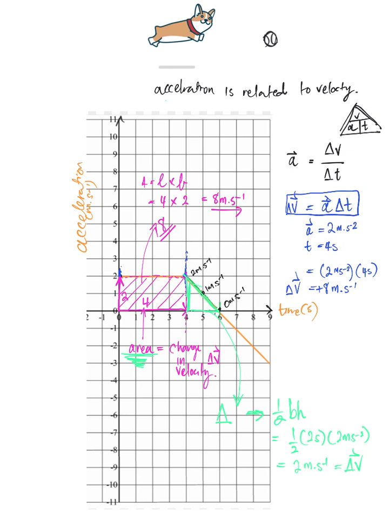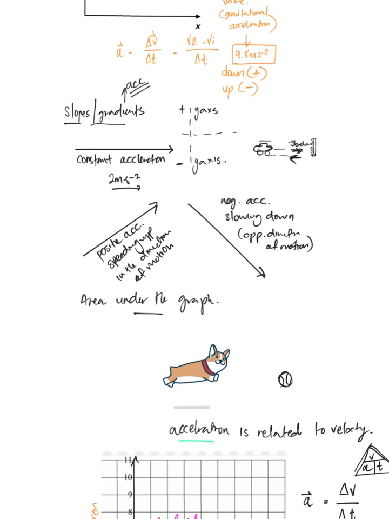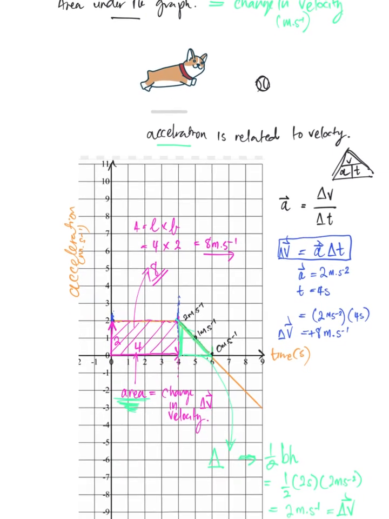So when we work with an acceleration time graph, let's have a look here. When we work with acceleration time graphs, the area underneath the graph is going to give me the change in velocity. And I'm going to need that. That's going to be in meters per second. All right, so that's what that looks like.